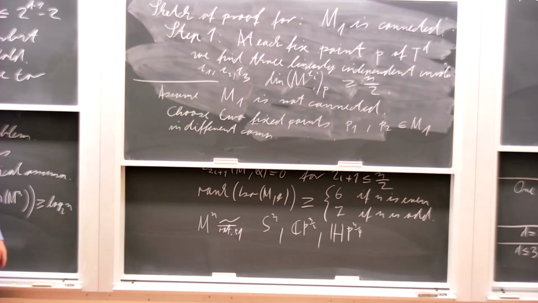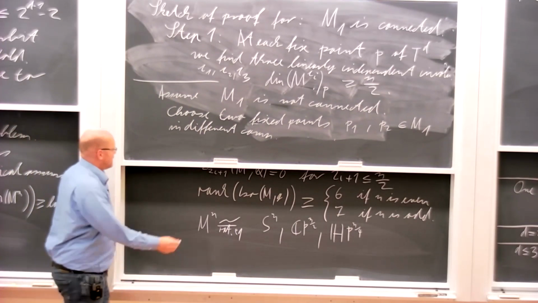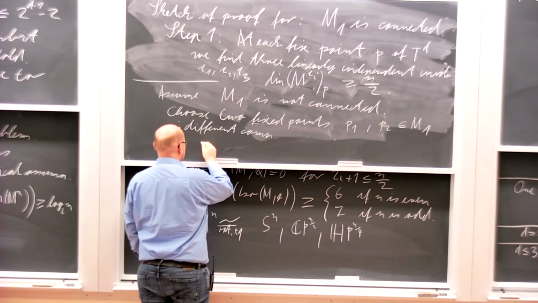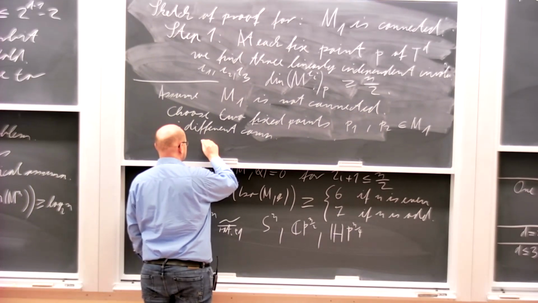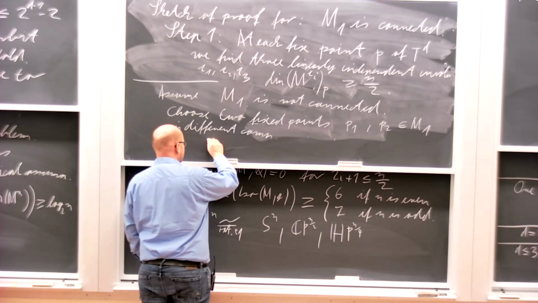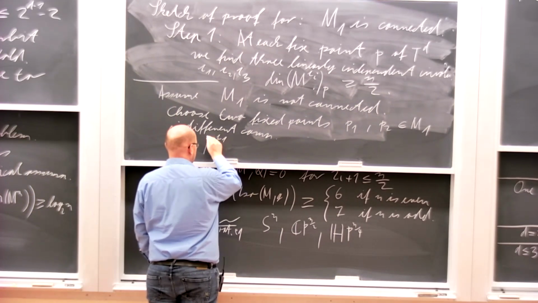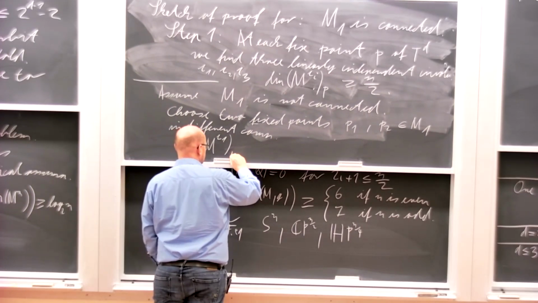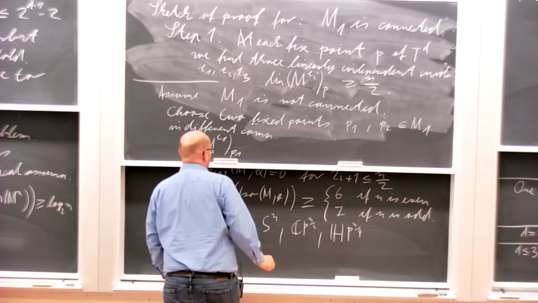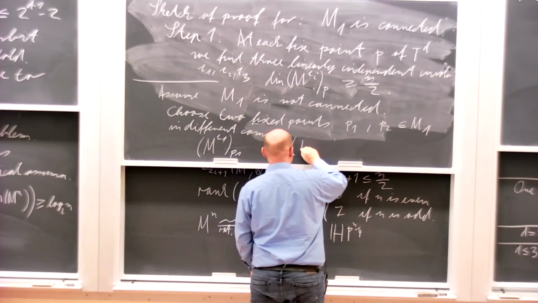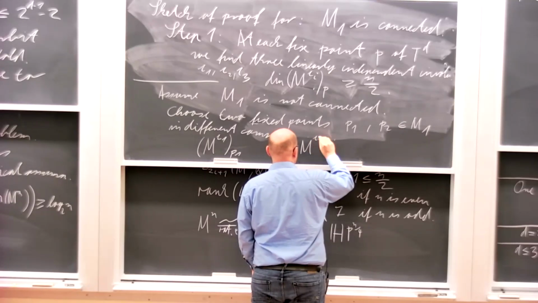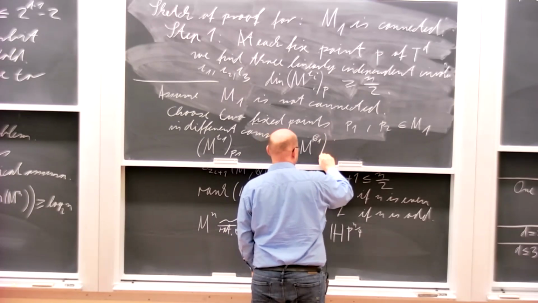And then you look at the fixed point component M^iota_i at P1, and the fixed point component of M, let me call it sigma i, at P2.